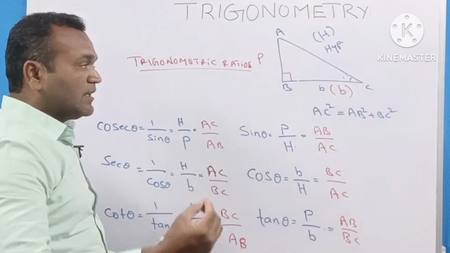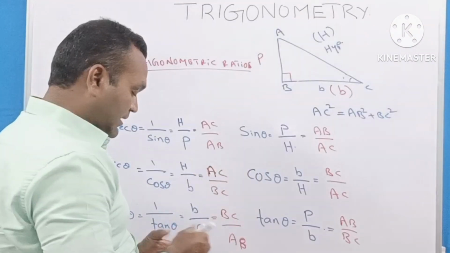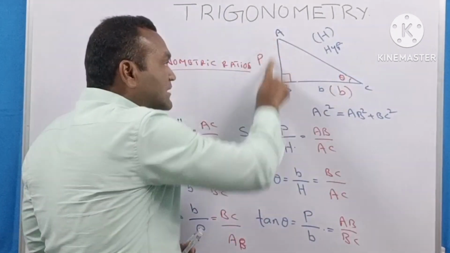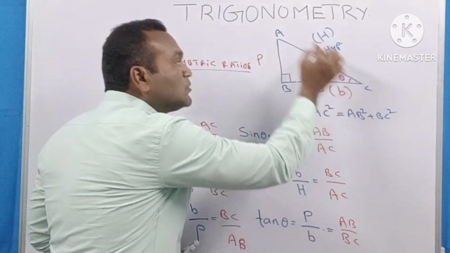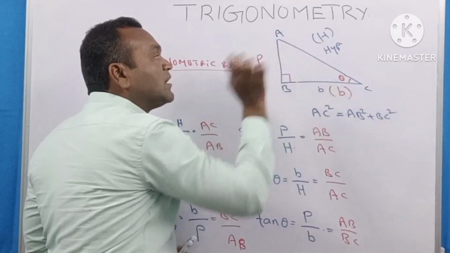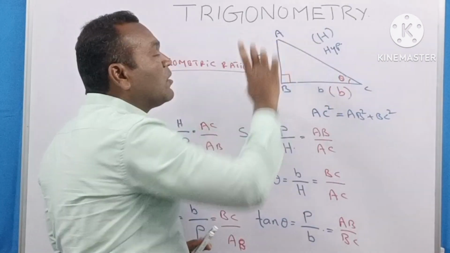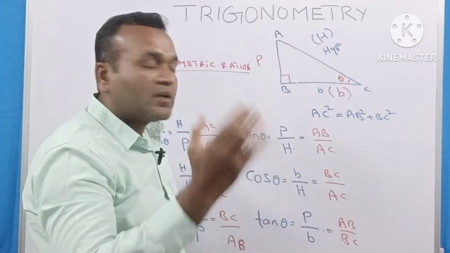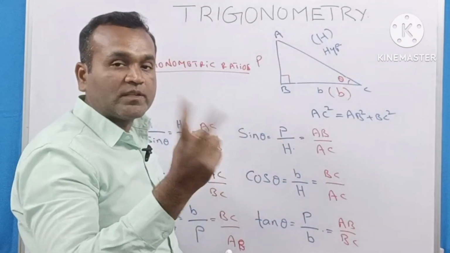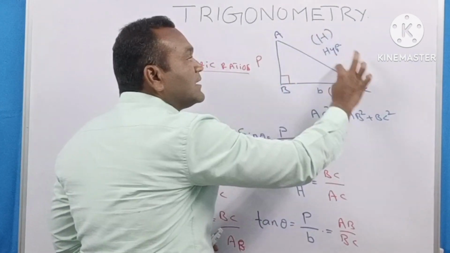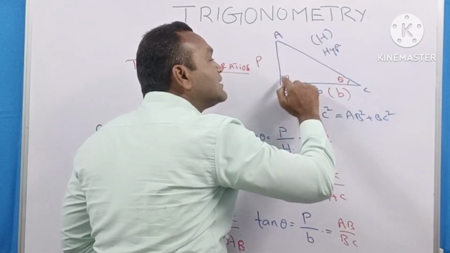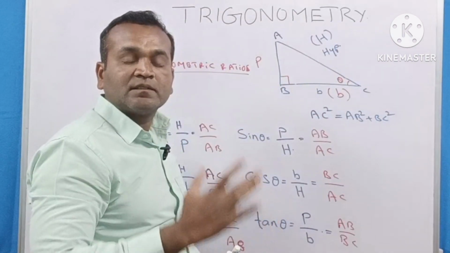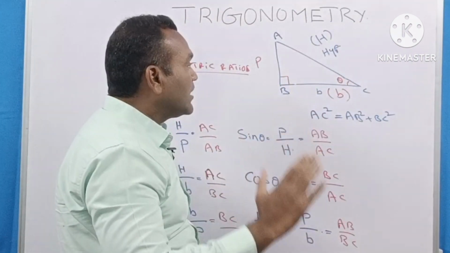See here guys again, I will make it very clear, in short. Now consider this as theta. The side which is always opposite to theta is called the perpendicular side or opposite side, two ways. And the side which is opposite to this 90 degrees is always called the hypotenuse.